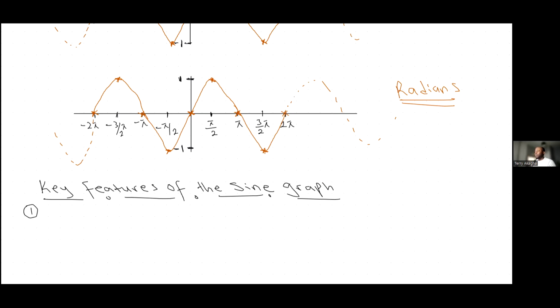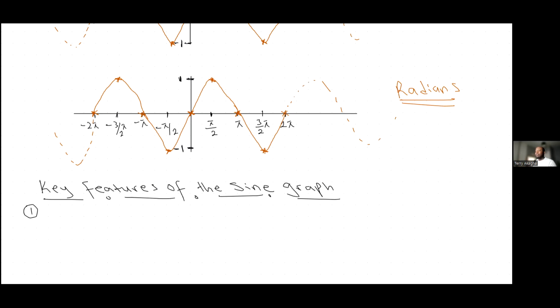When it gets to this point, it's going to repeat again, and again, all the way. So every 2 pi or every 360, this graph is going to repeat itself.